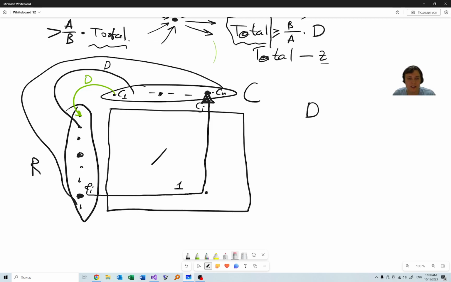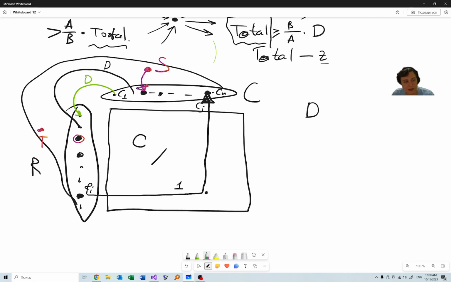So how do we deal with C's? Okay, in this case, instead of making an edge, we do the following. We create a special vertex S, which is called source. And we also create a special vertex T, which is called sink. So we say you have to direct one unit of fluid into this vertex.